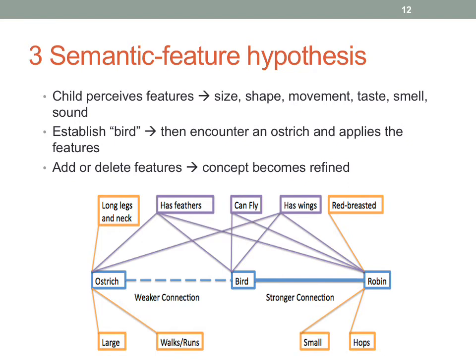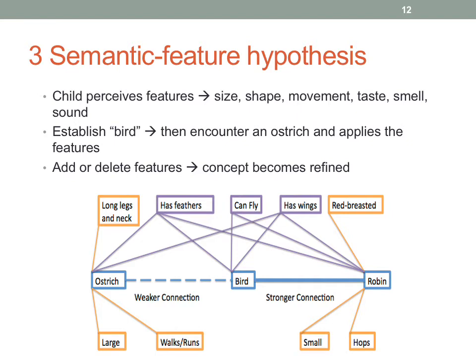It's very large, and the bird that they have in their mind is small. And an ostrich walks and runs rather than flies. And so they have to figure out, how does ostrich fit into this concept of bird, right? So there's a weaker connection between bird and ostrich.